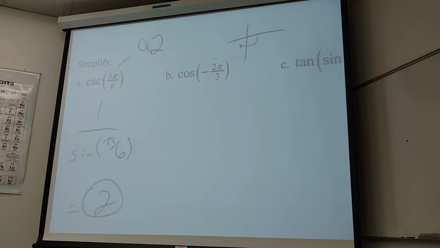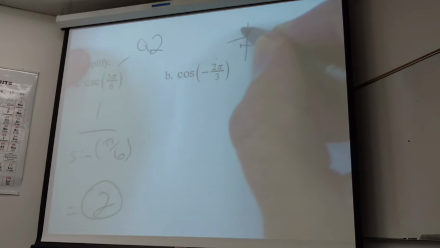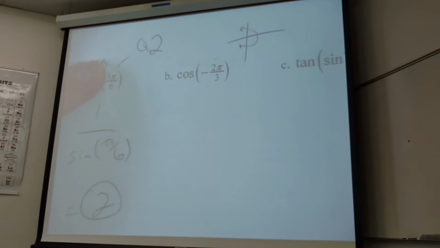I like it. So let's think about it. Cosine of 30 versus cosine of negative 30. They're going to be the same. I like it because it's all about x, and x is in the right hemisphere where it's positive. So the negative does not affect it, and you just kind of take the negative away. Or you just think it's back 2 pi over 3. I'm in the third quadrant, because otherwise, if I went this way, I would be in the second quadrant, and the answer is going to come out negative either way.